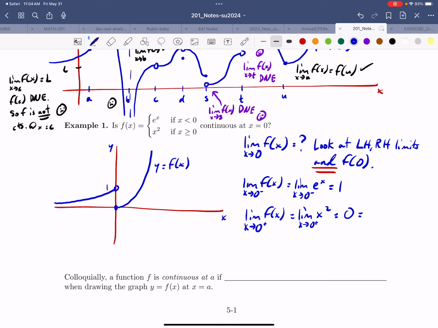It's also worth noting that that's what f of 0 equals, because f is defined at 0 to be x squared.